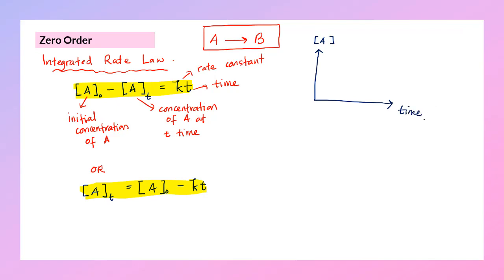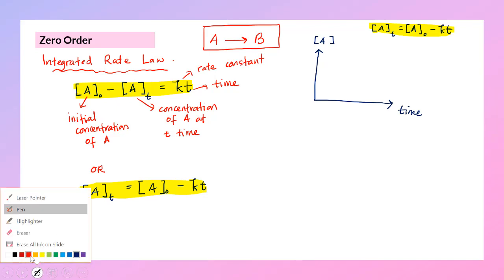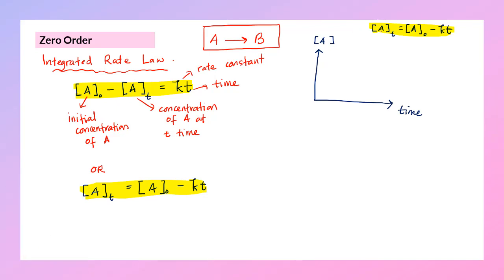If we refer to this equation, the concentration of A at time t equals the initial concentration of A minus kt, and if we compare with y equals mx plus c, you will get a linear graph with negative slope.